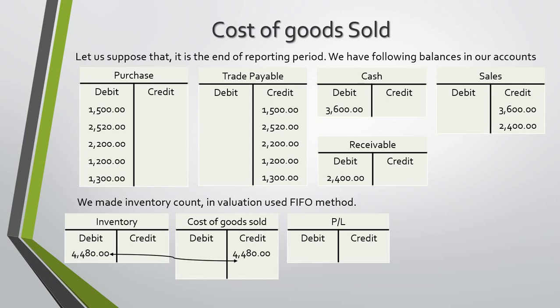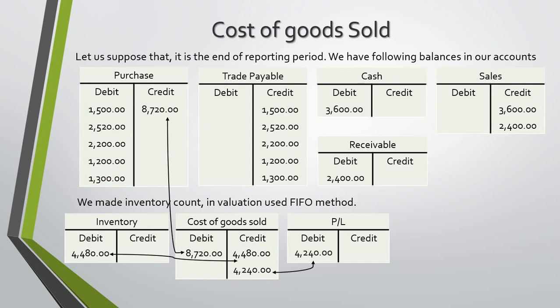The credit side of the transaction will be in cost of sold goods. Then we will sum all purchases and debit the cost of goods sold account in this amount. The balancing figure in this account will appear as our cost of sold goods. This figure should be debited to the profit or loss statement.